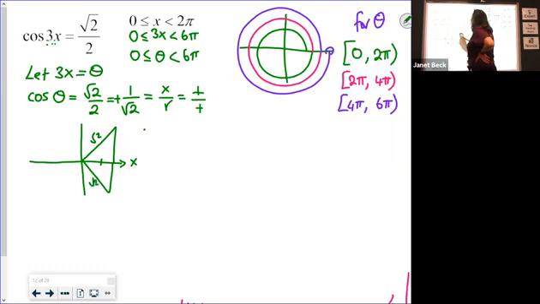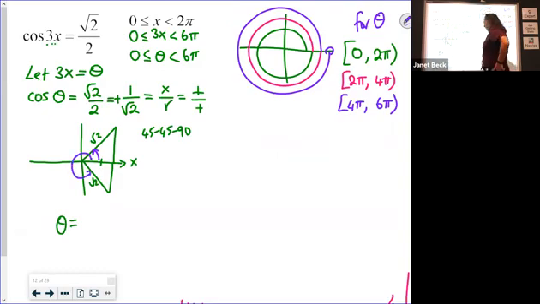So what I've just drawn there, those are 45, 45, 90 triangles. And I was solving for theta. Theta is the angle that takes you to the terminal ray. So it's that angle and that angle. And 45 degrees, that's pi by 4.